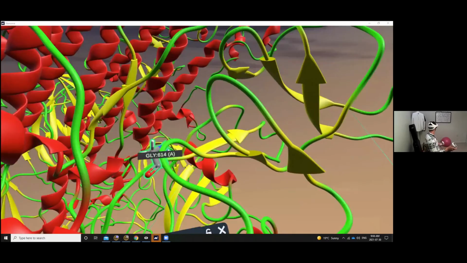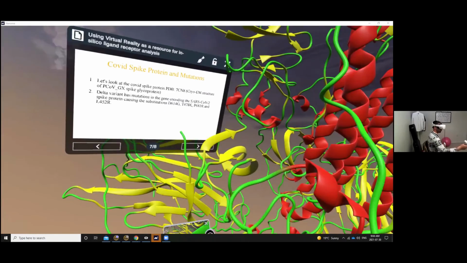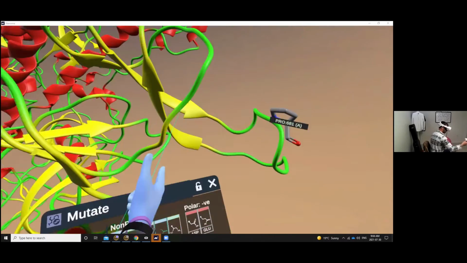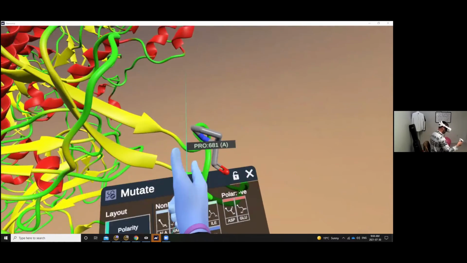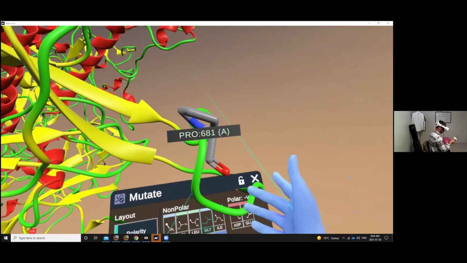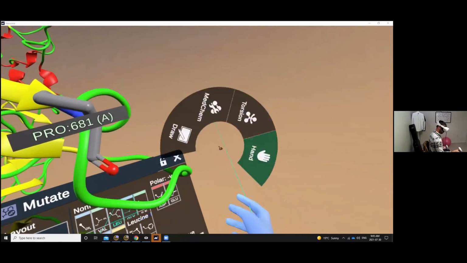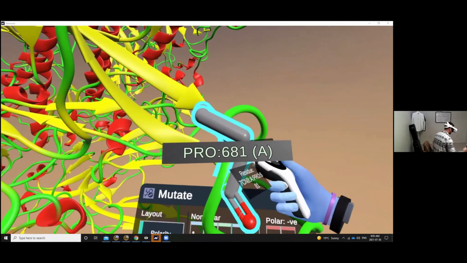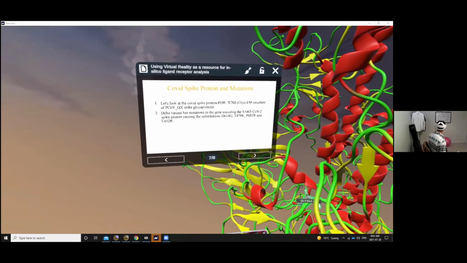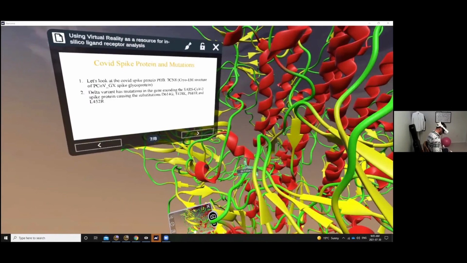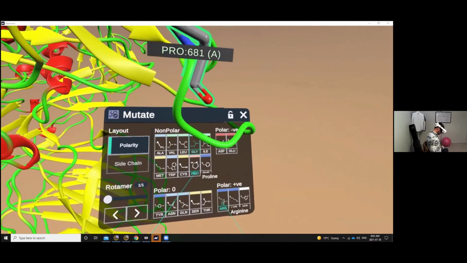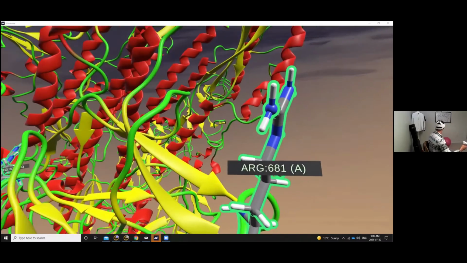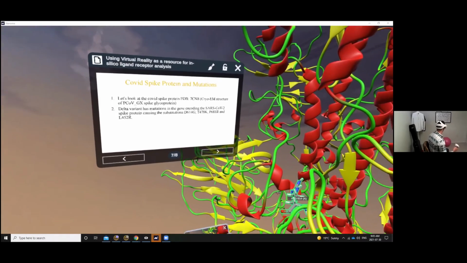There it is. 681 is a proline. So I'm going to select my proline. I'm going to change it from a proline to it looks like an arginine. Okay, so there's that mutation.